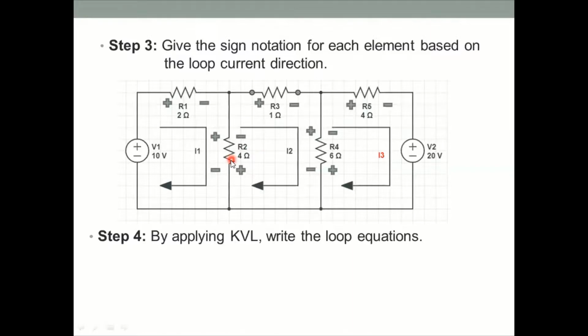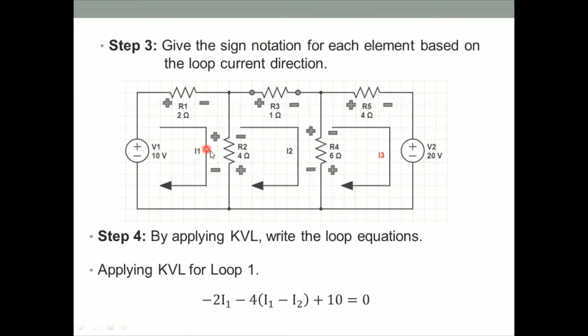As we are writing the loop equation for the first loop, we write the equation as minus 4 into (I1 minus I2), which means we consider first the current for which we are writing the loop equation, and after that we write the other current. As these two currents are in opposite directions, we give a negative sign here. If these two currents were in the same direction, we would write it as I1 plus I2.